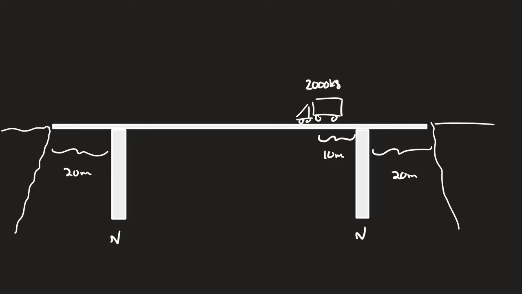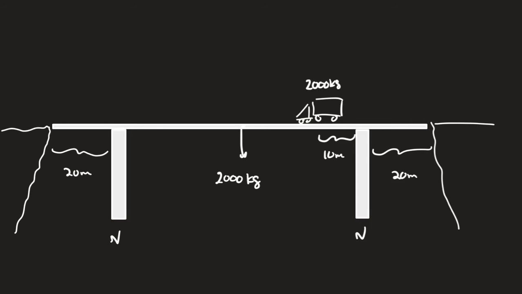And let's say that the bridge is of uniform density and is 2,000 kilograms as well. What is the normal force from each support? They are not the same.